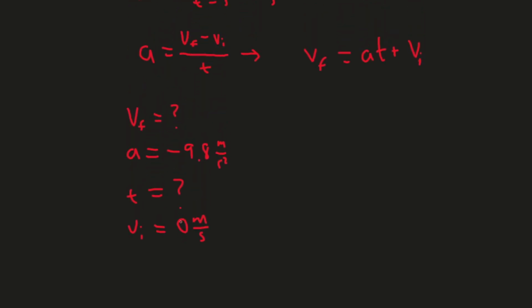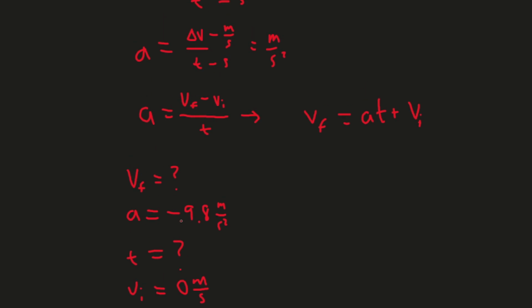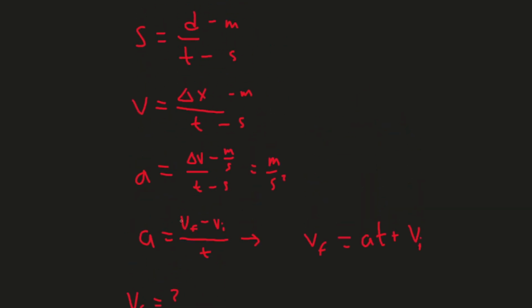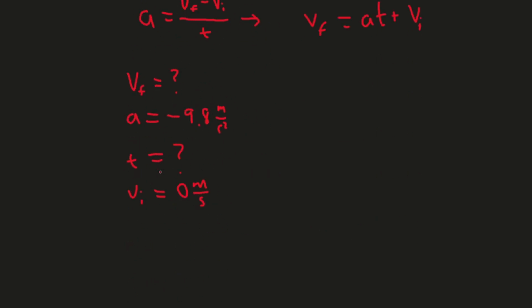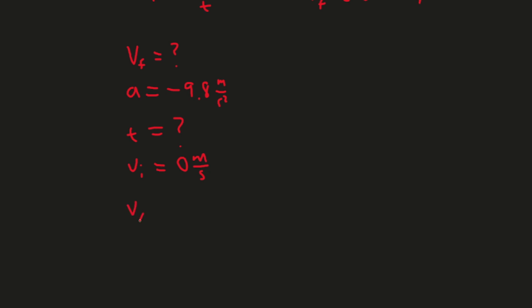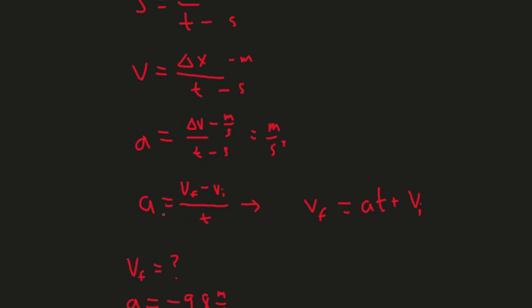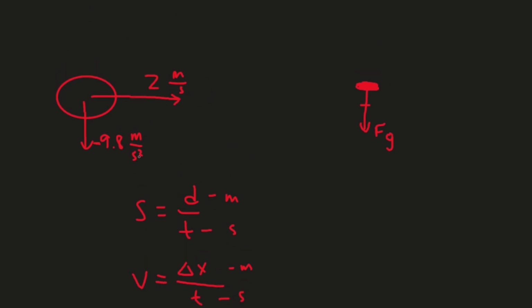Now the question is, how do we find the time? Remember the velocity equation: constant velocity equals the change in position over time. So we can also note the velocity in the x direction equals 2 meters per second. We already know that.